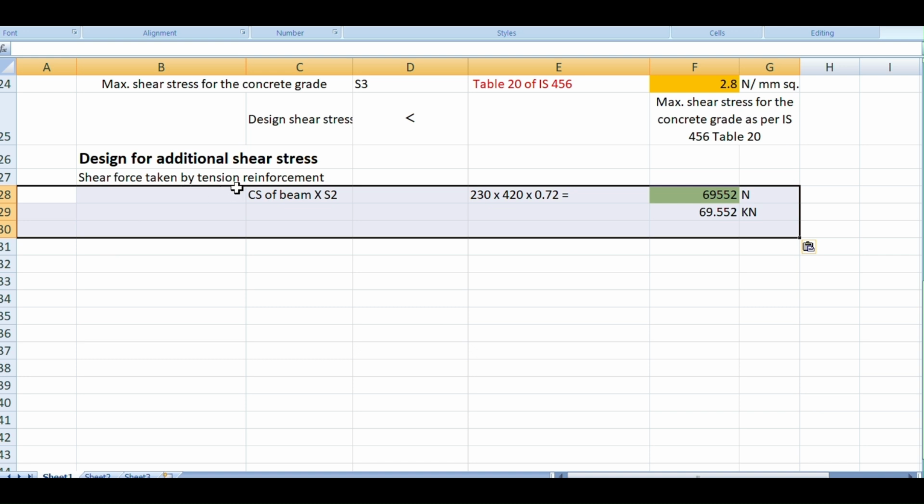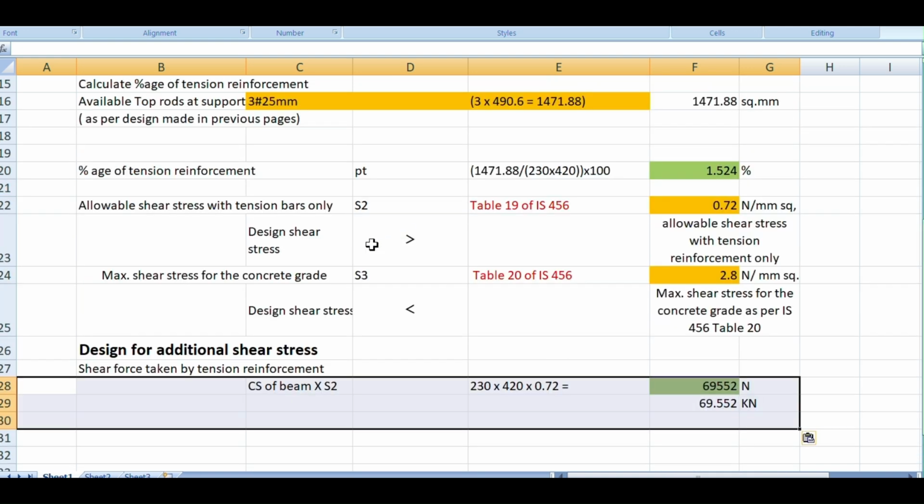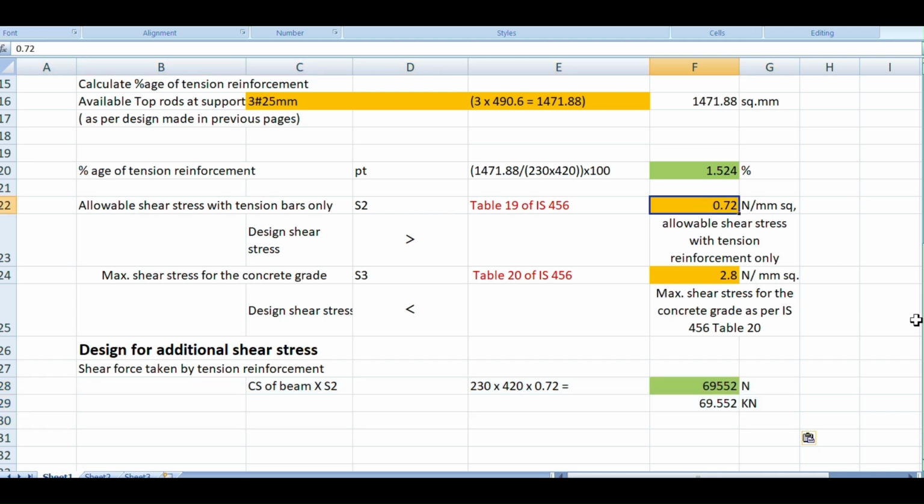Shear force taken by tension reinforcement only: cross section of the beam into the allowable shear stress with tension rods only, which we have already taken as 0.72 from Table 19. So the cross section 230 by 420 into 0.72 Newton per mm square gives the total, converted into kilonewton.